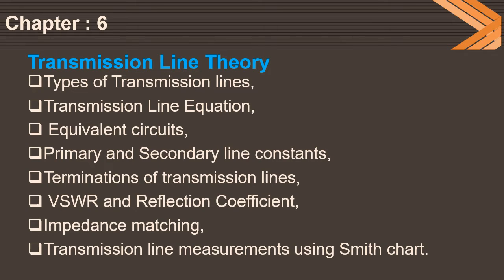Likewise, we will observe what is meant by primary and secondary. We will even learn about the voltage standing wave ratio and the reflection coefficients. The most important content in this chapter is the Smith chart. So how we can simplify and solve the Smith chart if we are going to measure parameters in the transmission line.